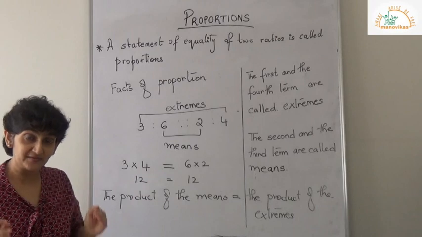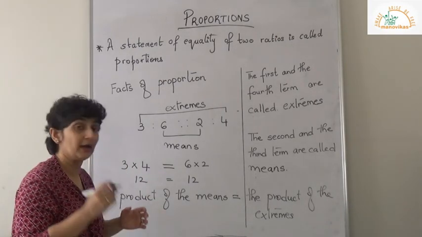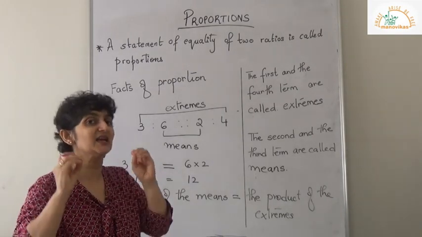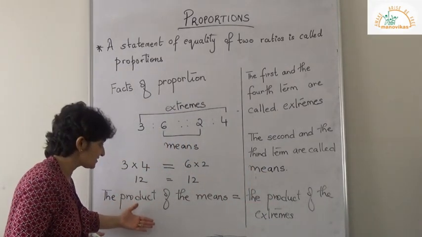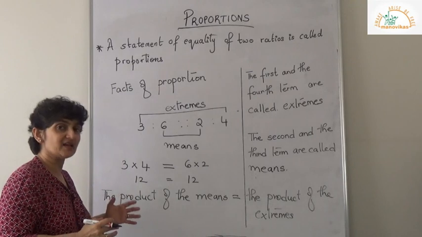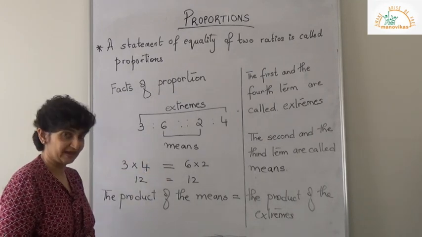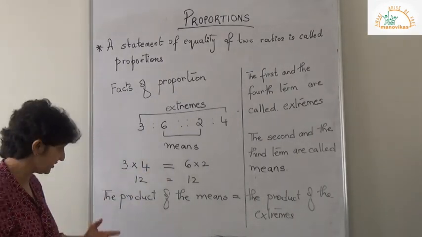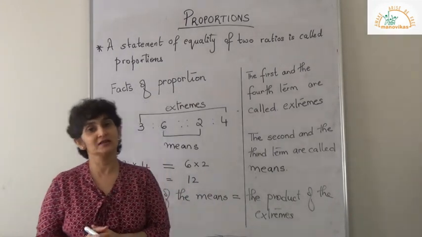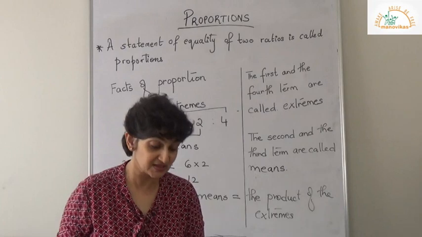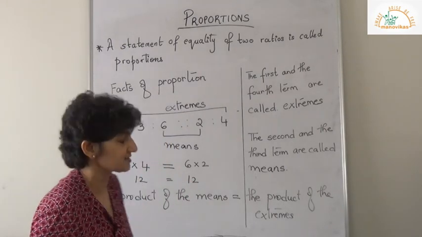So whenever you want to know that something is in proportion, you must know that for the two ratios you are comparing to be in proportion, the product of the means should be equal to the product of the extremes. Let's move on to the next topic.